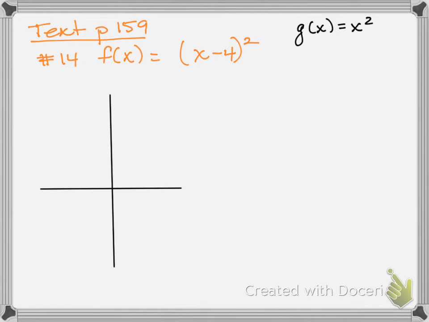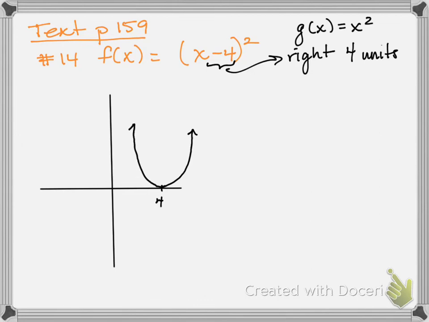So we can tell that this here is what has happened, and that has told us that our graph went to the right 4 units. Let's call this positive 4, and we know nothing else happened, so our parabola looks like that.